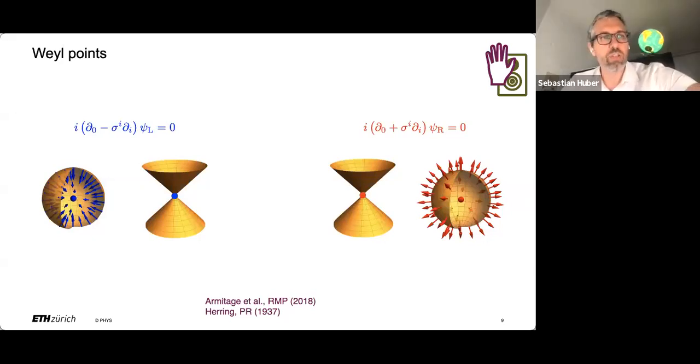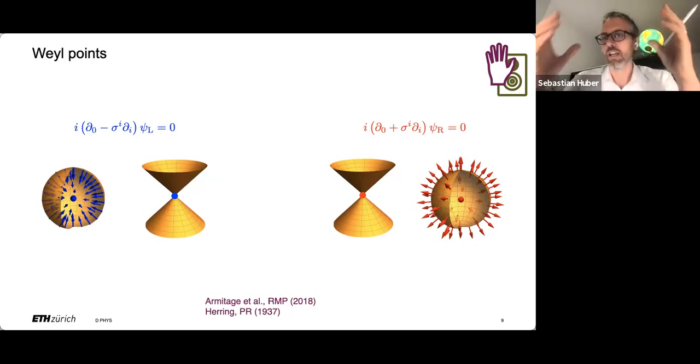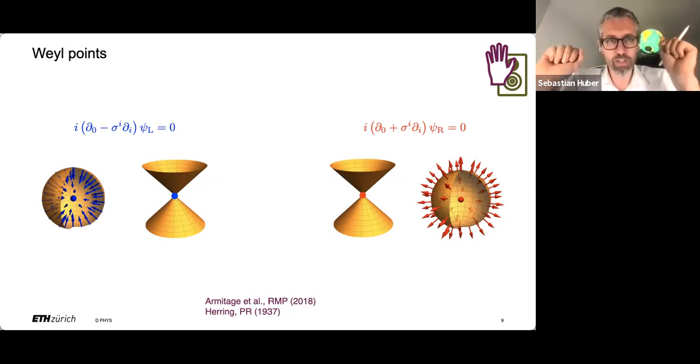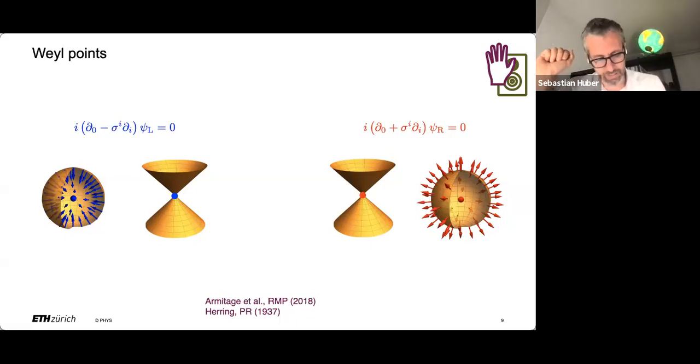And the playground we're dealing with here are Weyl systems. So let me quickly just remind you of what a Weyl system is. We know what the Dirac equation is. It describes relativistic particles. If they don't have a mass, the 4-spinor of the Dirac equation falls apart into two spinors. And this is the equation that it describes.